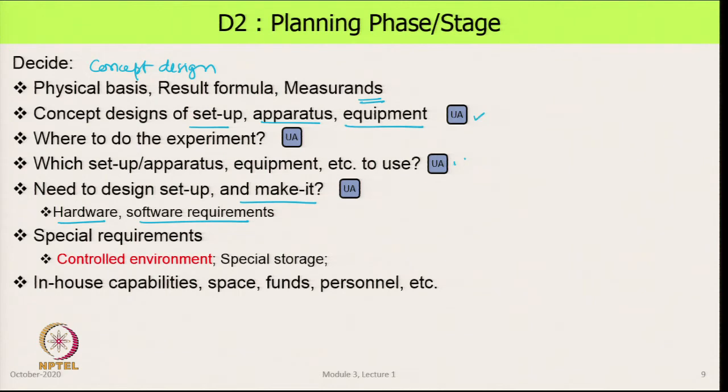And in these cases, we have some idea of using uncertainty analysis. An important consideration at this point is special requirements, of which I have listed one here, which is controlled environment. In many experiments, many setups, this is a very, very important criteria.